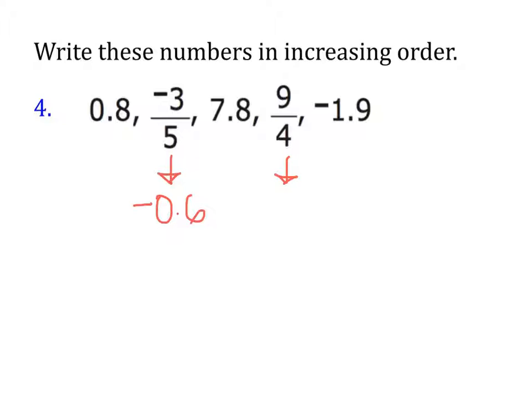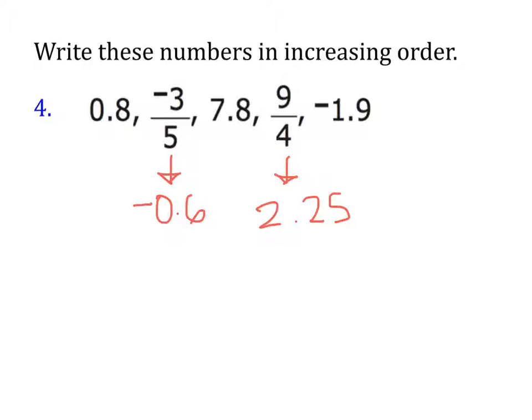Then I'm going to take 9/4. Now, I know that this is an improper fraction, which would be equivalent to 2 1/4, so that tells me it's going to be 2.25, because I have 2 for the whole number part and 0.25 for the 1/4 part. Now that I've got my fractions written as decimals, I'm going to put them in order, and I'm going to start with the very most negative number.